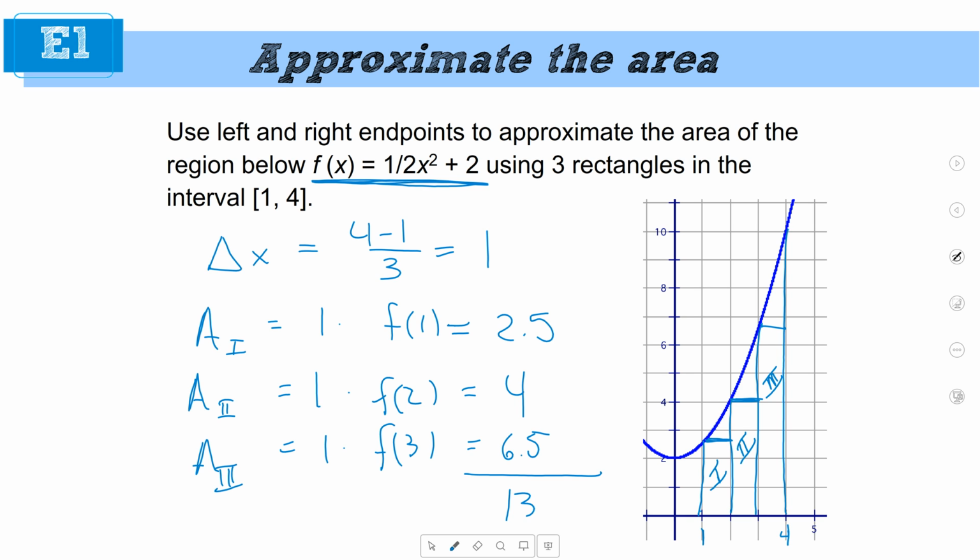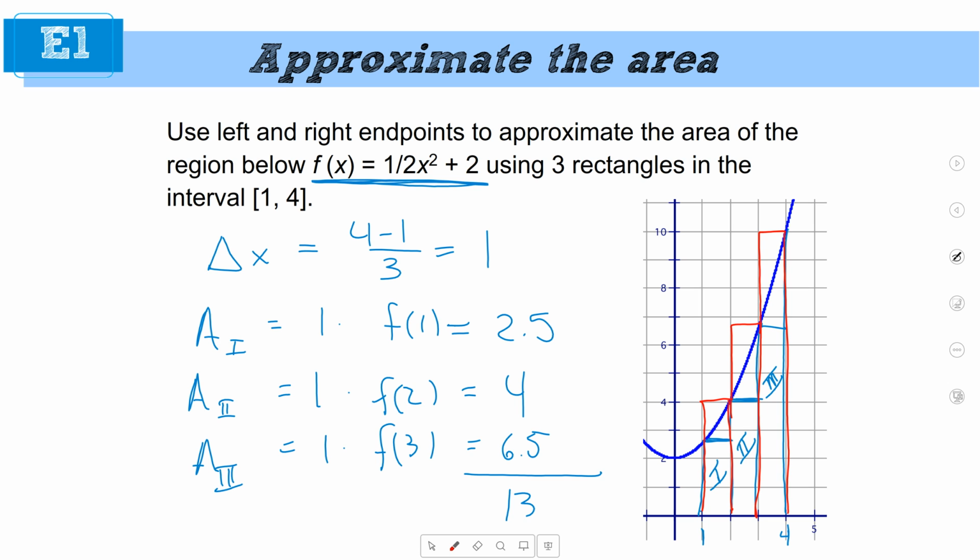Anything tough about that? No? Okay. If I'm doing a right rectangle, exact same procedure, except I go up the right-hand side of the rectangle, come up, go across, come up, go across, come up, go across. From the picture, you can see I'm going to have an overestimate.